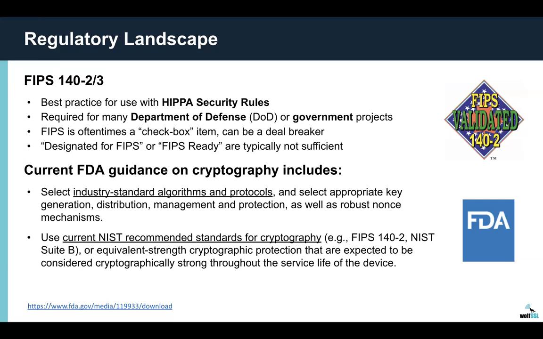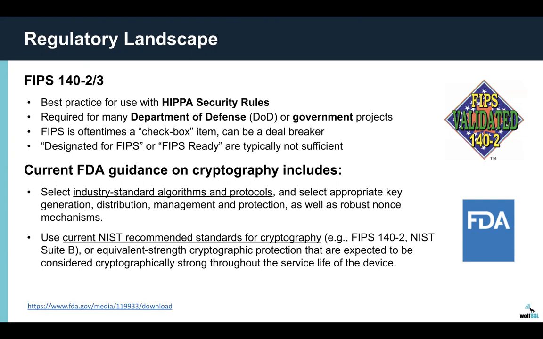If we look into some of the current FDA guidance, which is from that document I mentioned on the previous slide, it does state to select industry standard algorithms and protocols and select appropriate key size, key generation, distribution, management, and protection as well as robust nonce mechanisms.